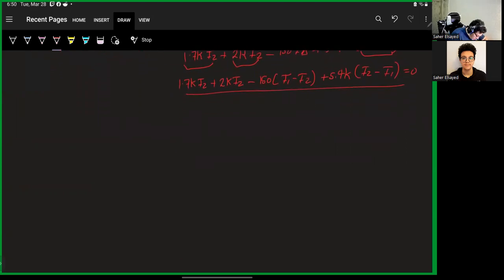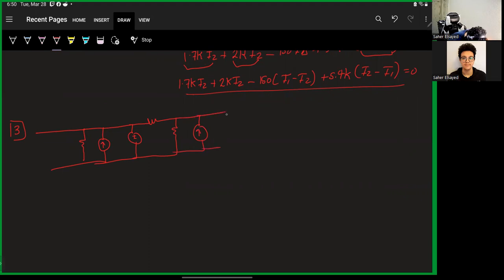Let's move to the third question. It's asking for the Norton equivalent. So you do something like this. You have your resistor, you have your current source, you have your voltage source here, you have another resistor here, another resistor here, and then the current source here.